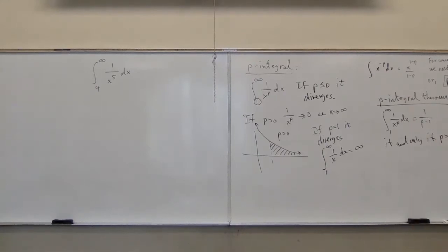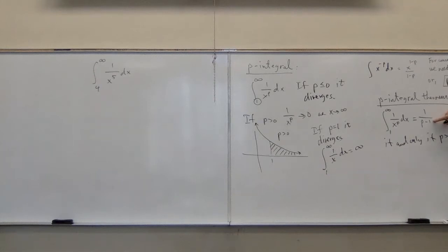There's a finite amount of area from 1 to 4. And so we're going to take the p integral, p equals 5. Does that converge or diverge? Converges, sure, it's bigger than 1. And if we started at 1, we would know it converges to 1/4. Well, because we're not starting until 4, it's going to converge to a number smaller than 1/4.